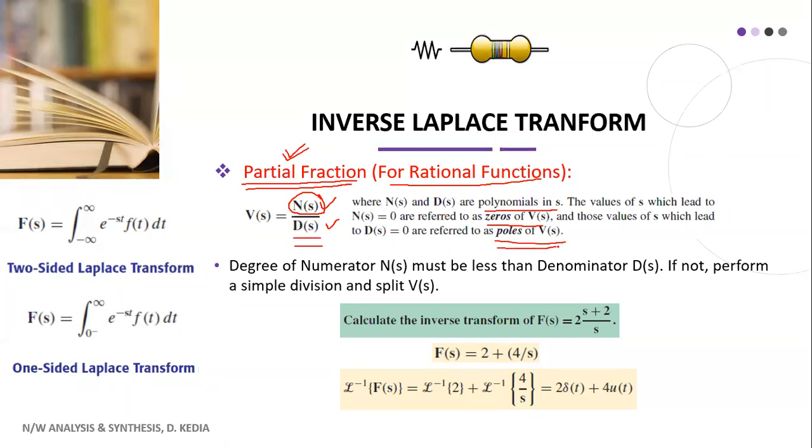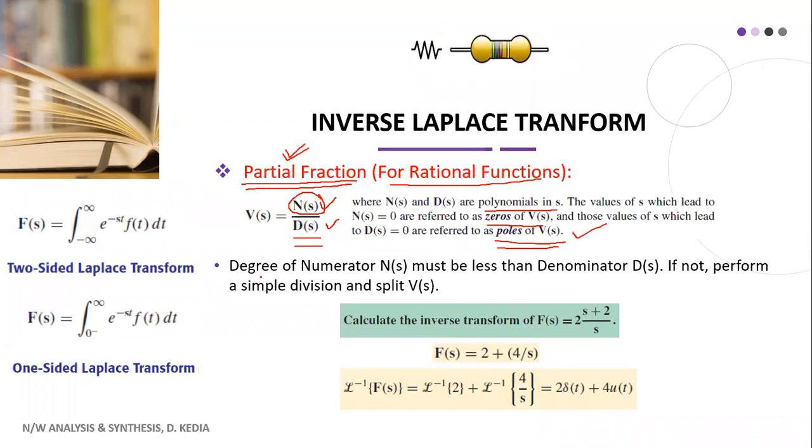This is a very important concept. You need to memorize it for the time being, and very frequently you will come across these terms, zeros and poles, when we discuss topics in the further chapters. So right now, consider that the roots of numerator are zeros and roots of denominator are known as poles.